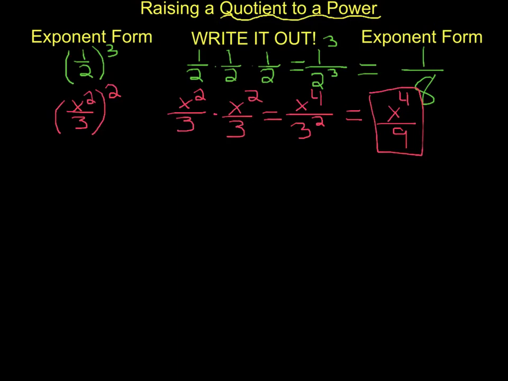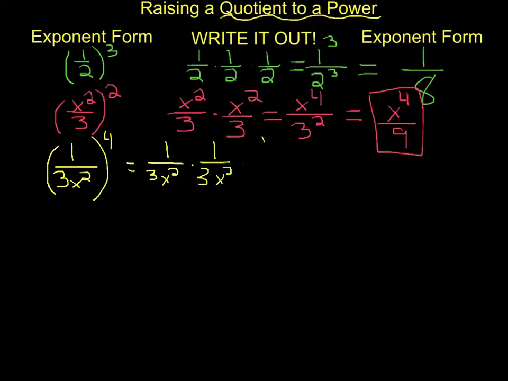Okay, let's make it a little bit more complicated. My fraction is 1 over 3x squared to the power of 4. So that means I have to write my fraction 4 times. 1 over 3x squared times 1 over 3x squared times 1 over 3x squared times 1 over 3x squared.